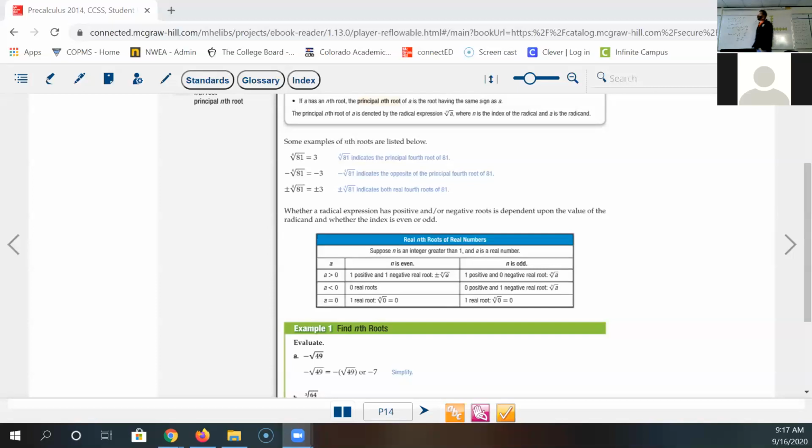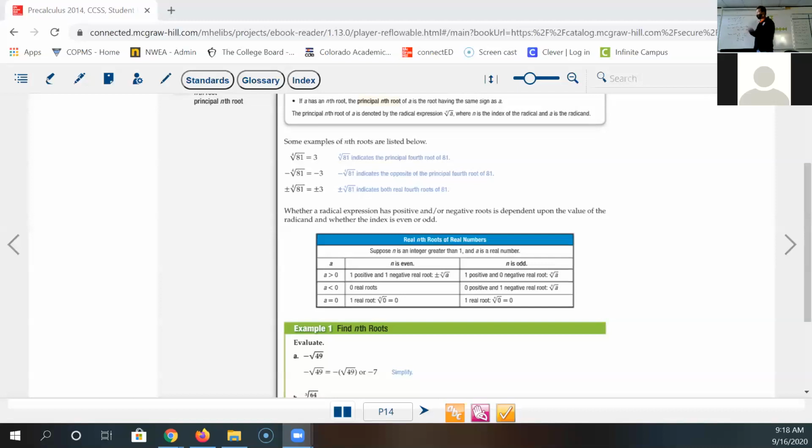That can only be done if we multiply a negative number against itself an even amount of times. So an example of that would be the cube root of 27, where n is 3, that's our index. The radicand is 27.